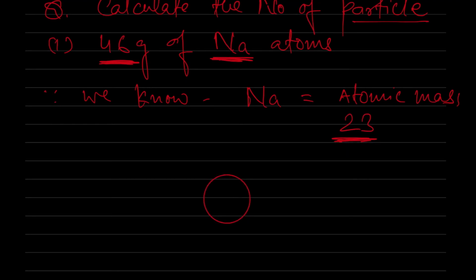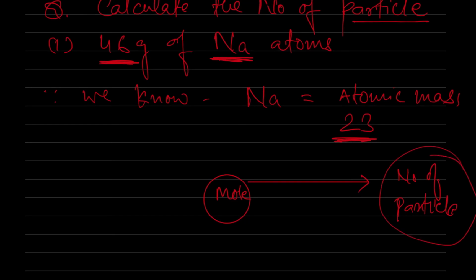Whatever the problem is giving, we have to convert it into moles. Number of particles can be changed into mole, and mole also can be converted into number of particles.